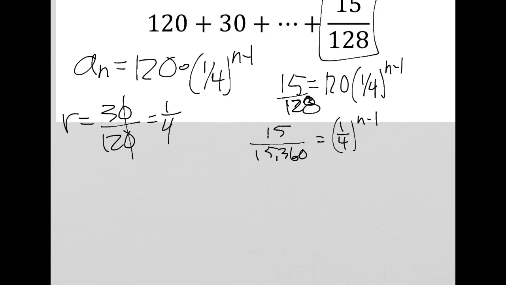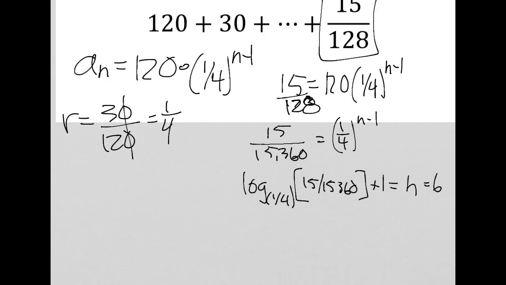And now I can rewrite this in log form as the log with the same base, which is 1/4, with an argument of 15 divided by 15,360 will equal my n minus 1. So again, now I'm going to add 1 to both sides, which will then make this equal to n. And now we can figure out what the value of n is. What number term is this? And you will find that this is the 6th term.